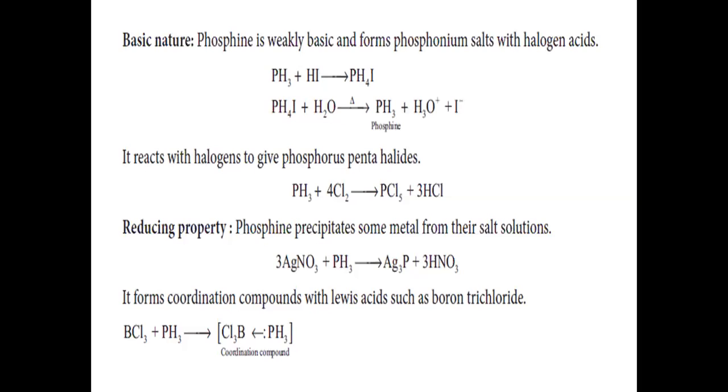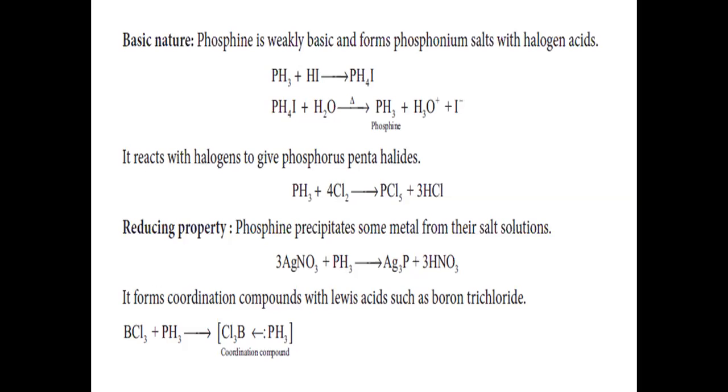Next one is basic nature. Phosphine is weakly basic and forms phosphonium salts with hydrogen halogen acids. Phosphine plus a halogen acid like HI gives PH4I, a phosphonium salt. Here PH3 is the base and HI is the acid, giving PH4I as a phosphonium salt.